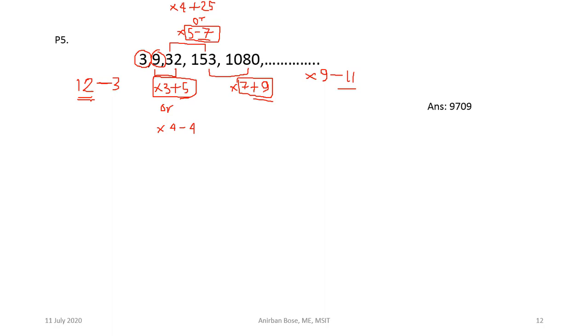So how can this 12 be formed? This 12 can be formed by 3 into 4. So first term into 4. Okay, so how it is matching with the first term? So if you write 3 into 4 minus 3, then you see it is 9 into 3 plus 5.